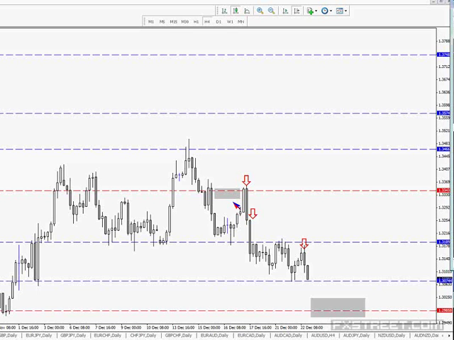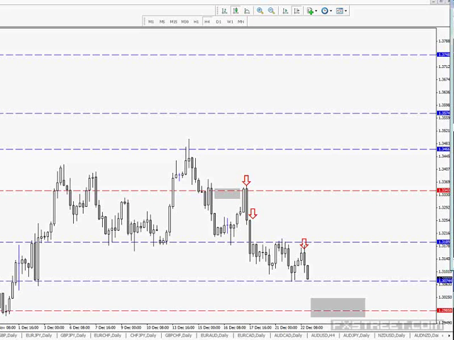Harley's asking, is it a good idea to divide price into more manageable targets with these lines? Yeah, so you're talking about taking profit in places that are a little bit closer than this.